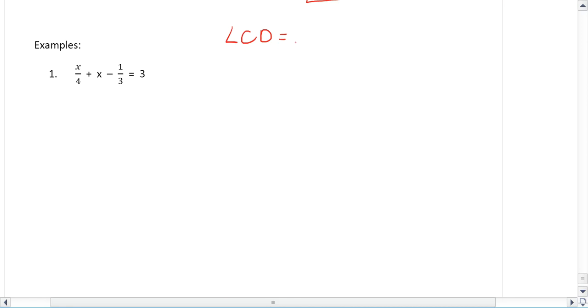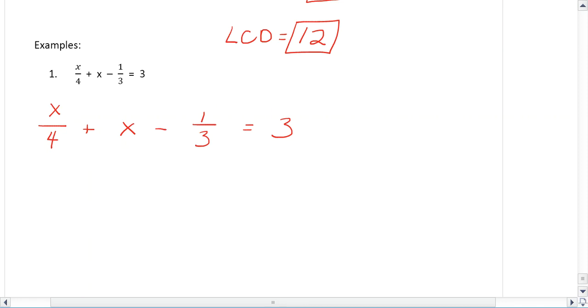So the common denominator is like 3 times 3 is 9, but in this case 3 times 4 itself is the common denominator. So after we have found that, we're going to take this 12 and I'm going to actually put it into this equation by multiplying every single term in the equation by 12.